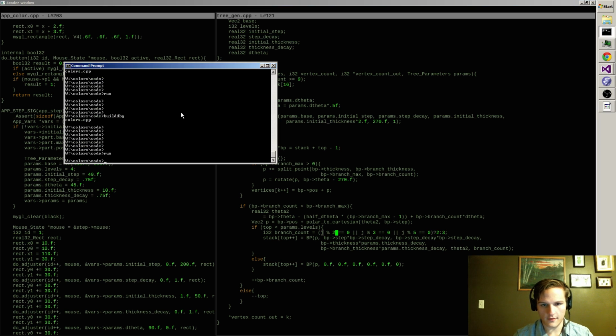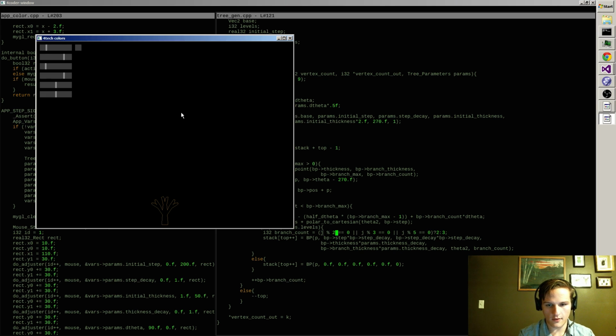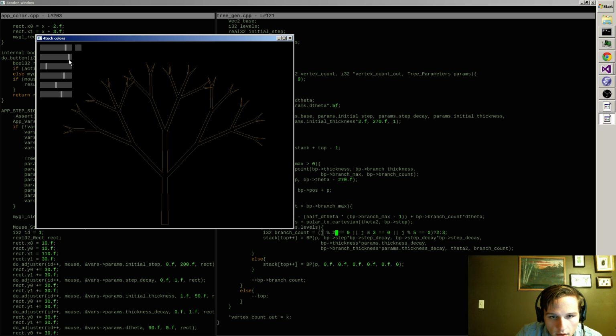Save. Build, debug. Run. What's that doing? Okay. I have to make sure I make this decay. No, that's the thickness. Where's the decay? I want less decay because it goes faster now.